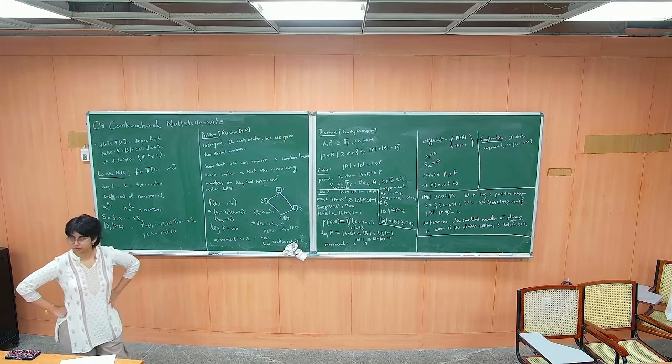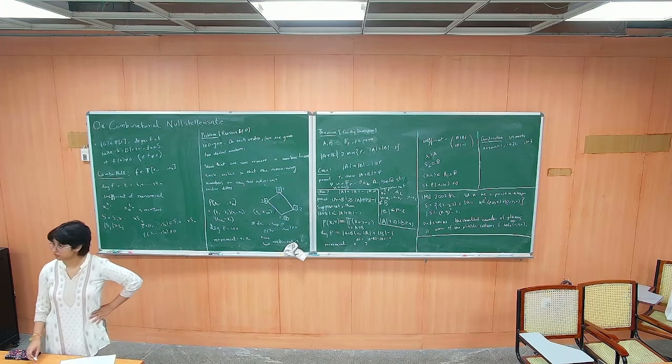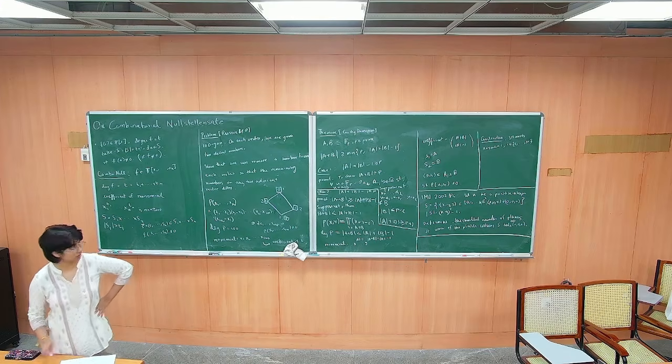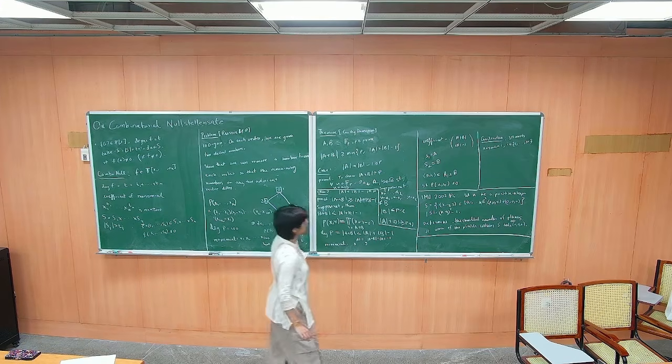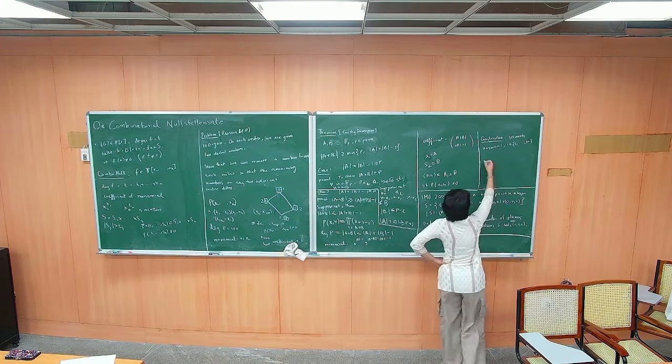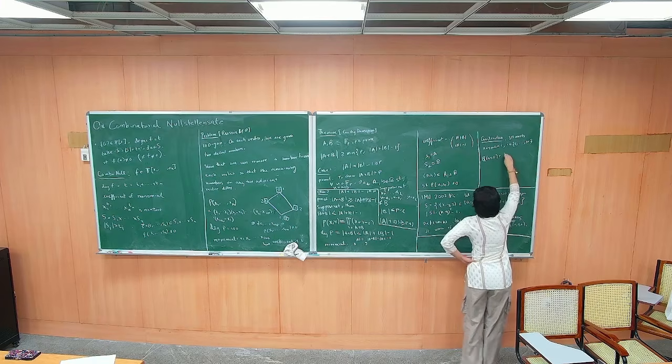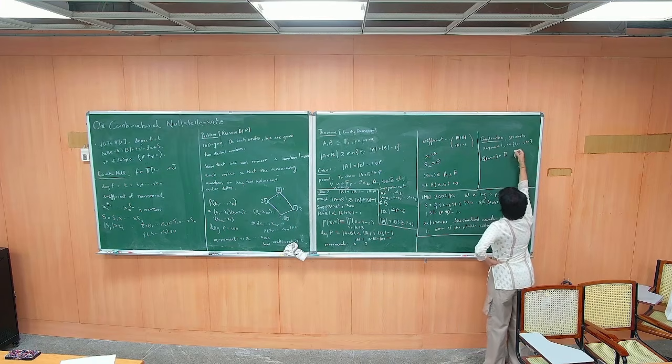One polynomial would be the product of x minus i, y minus i. But where am I running it from, from what to what? From 1.